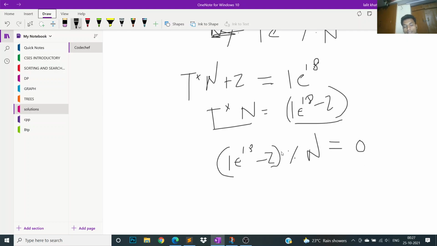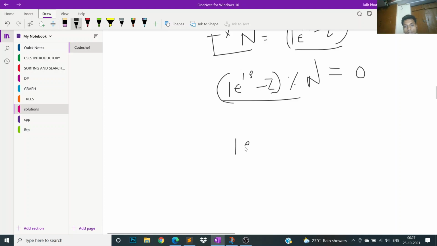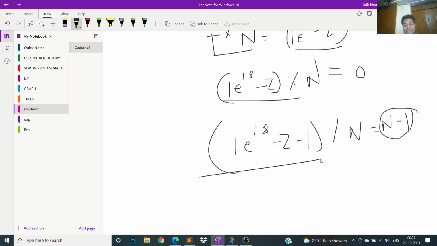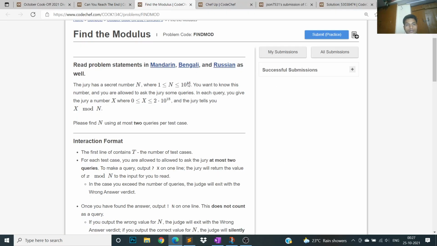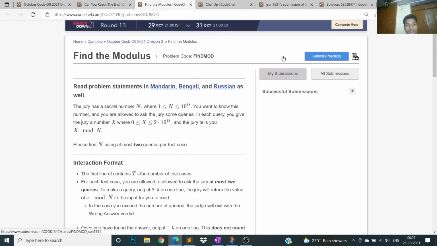And if I subtract 1 from 10 to the power 18 minus z, it will be n minus 1. So this is our result. And now in two consecutive queries we will find the result. Yeah, this is very nice.